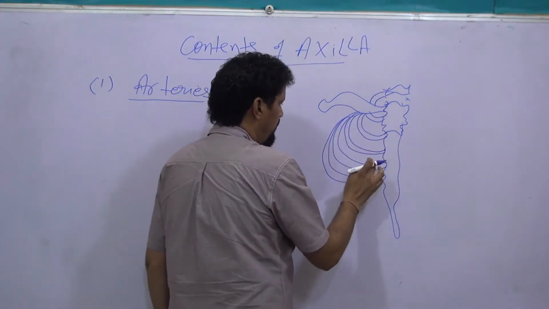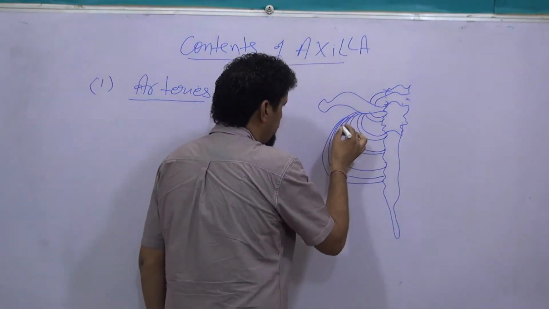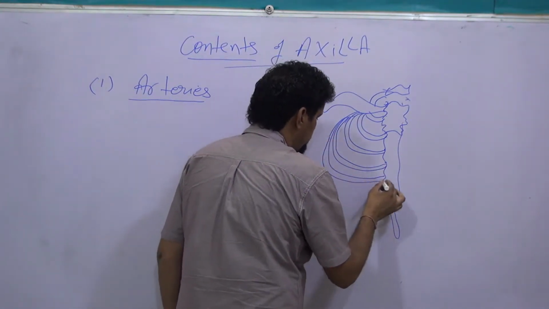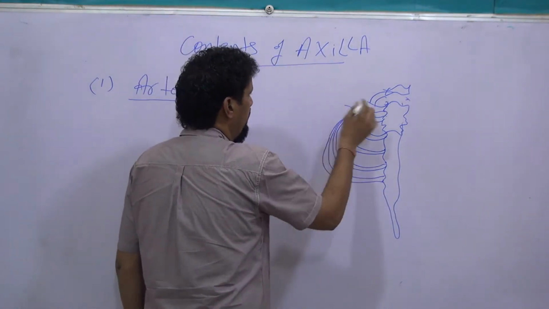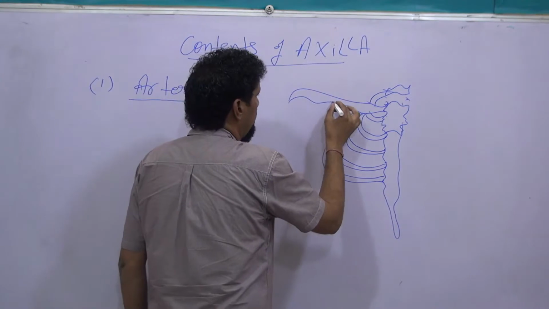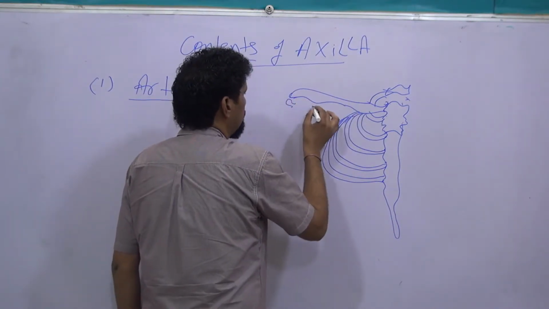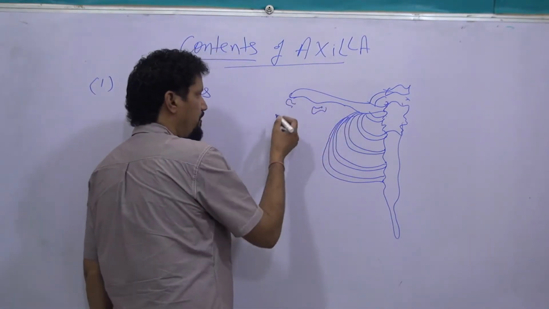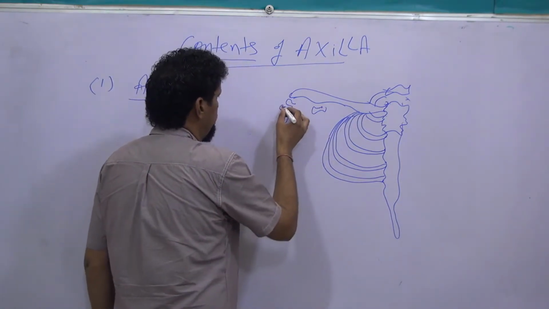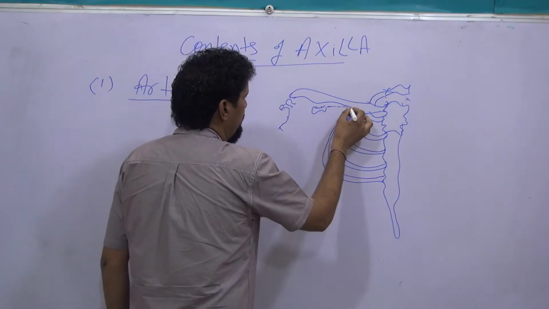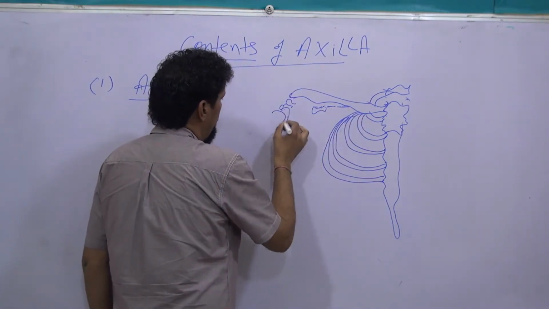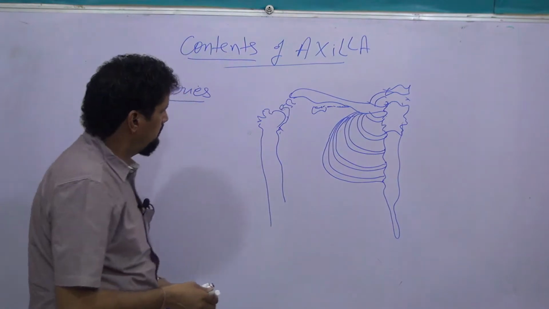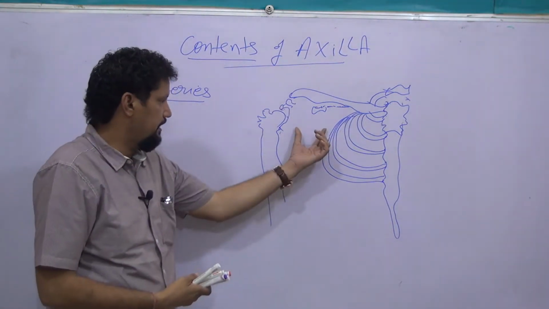So first, second, third, fourth. And the fifth rib, the clavicle, the coracoid and acromion process, the scapula, and the posterior border of the scapula is here. The humerus. So this is the axilla.